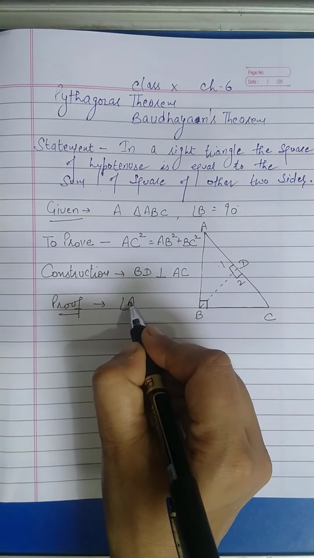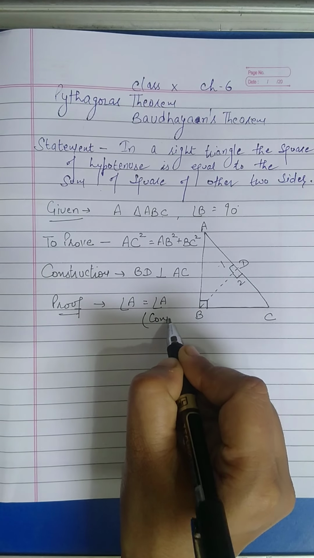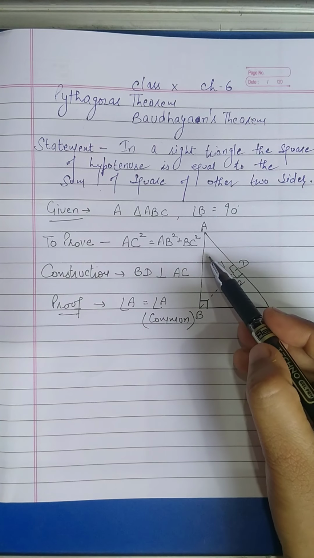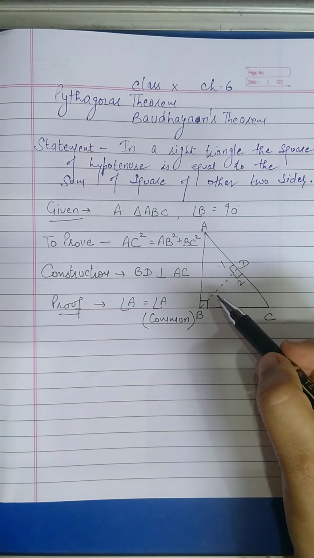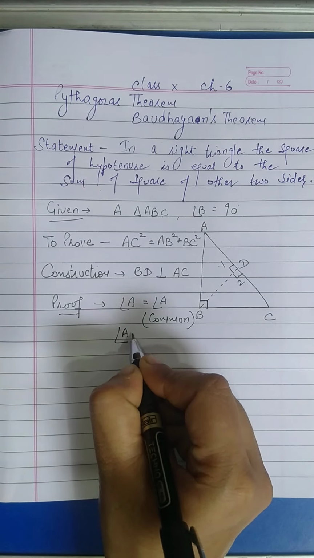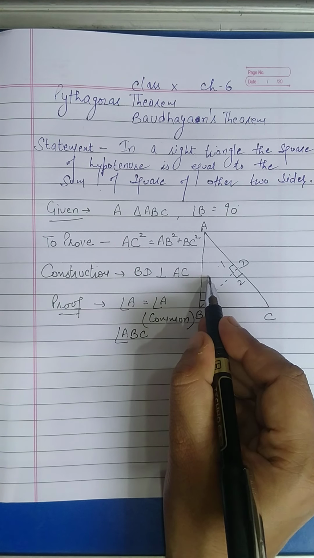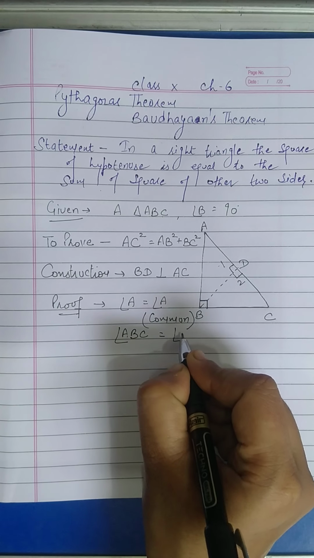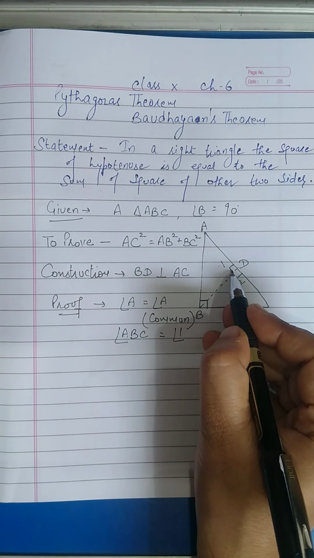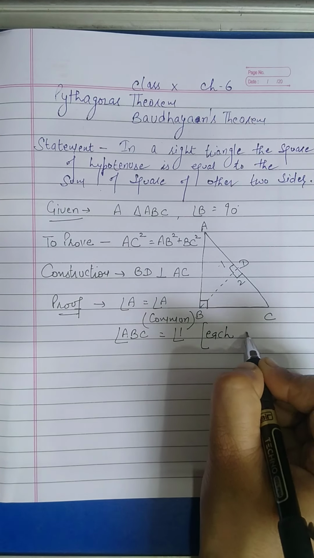So angle A is equal to angle A, both are common angle because this is contained in the full triangle as well as in the small triangle. In the full triangle, the corner ABC is 90 and in this small triangle, vertex 1, BD is perpendicular, it means this angle number 1 is equal to 90 degree. So we can say each 90.